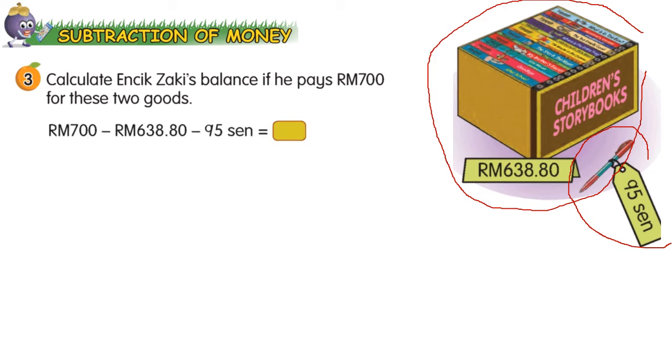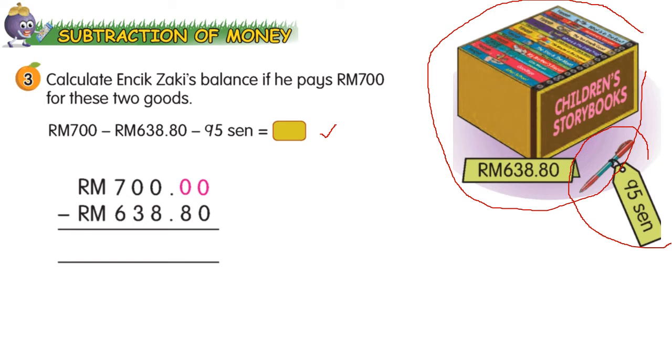So we want to find the balance, so we need to do subtraction. You have to get ready with the number sentence like this. So 700, this is the money Encik Zaki has, minus the cost of the children's book, 638 ringgit and 80 cent, and then minus the pen, 95 cents.